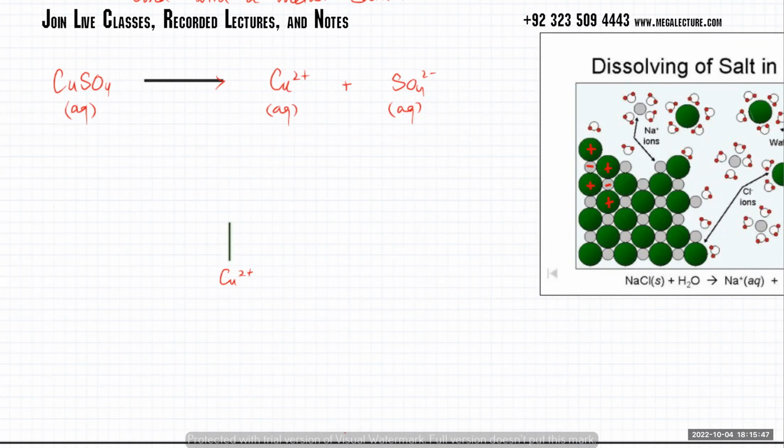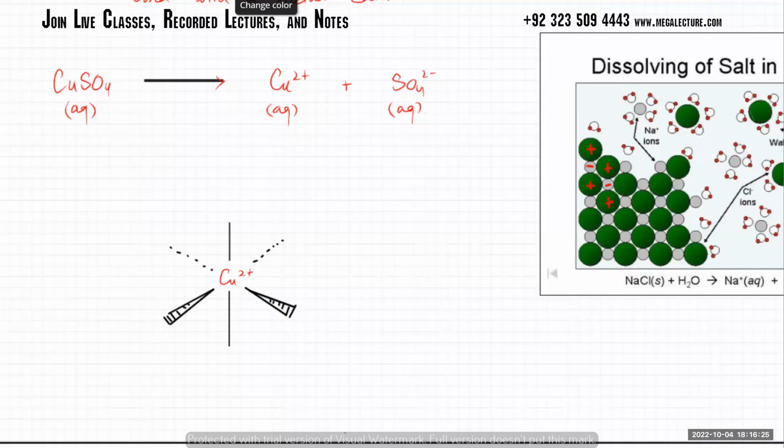This Cu2+ has 6 sides, so these are your axes. These are all the sides, your X, Y, and Z axes.